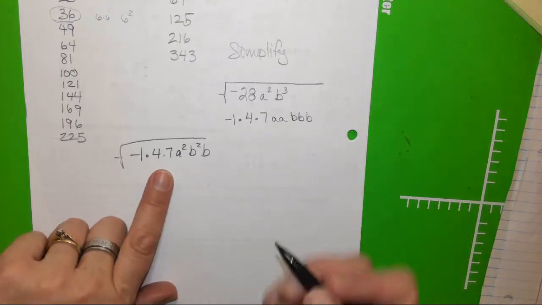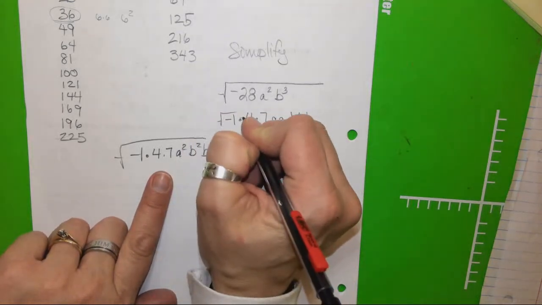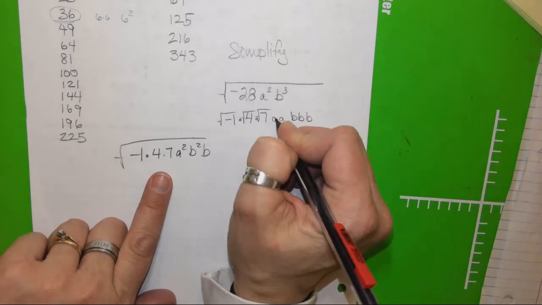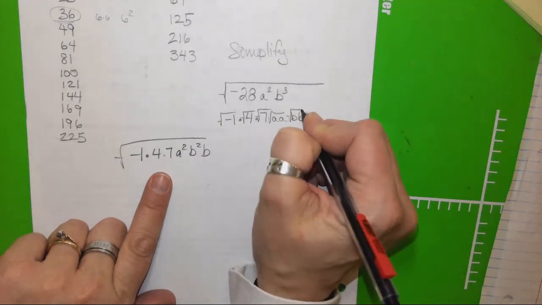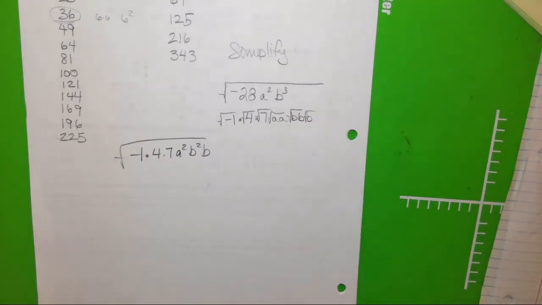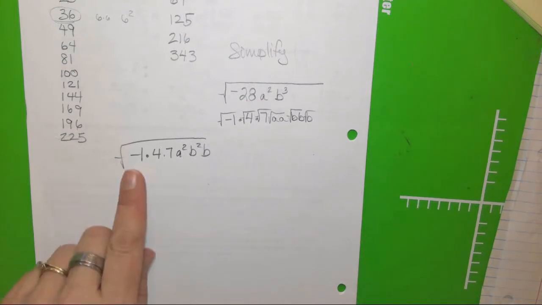Now you could have one big radical, or you could have a whole bunch of little ones. Whatever makes you feel warm and fuzzy inside.